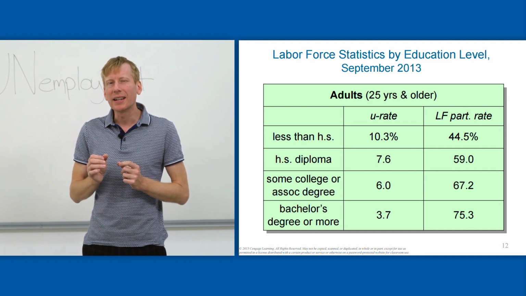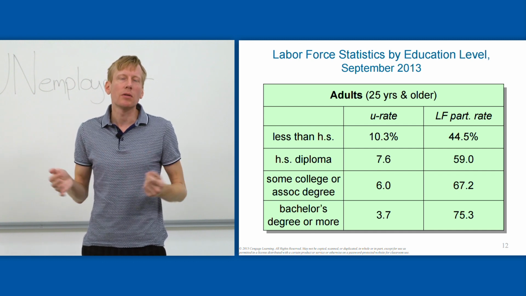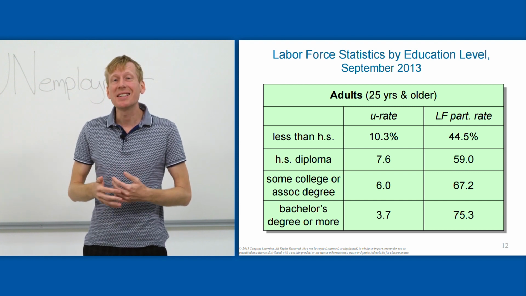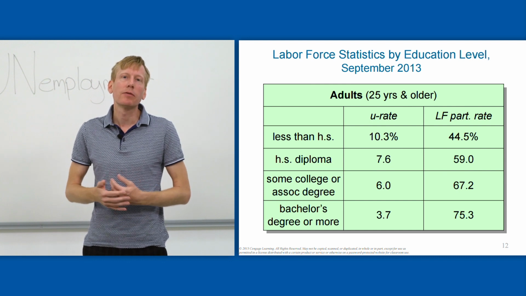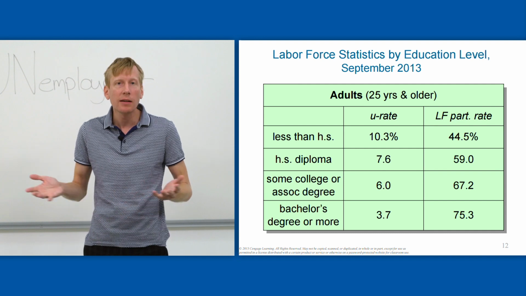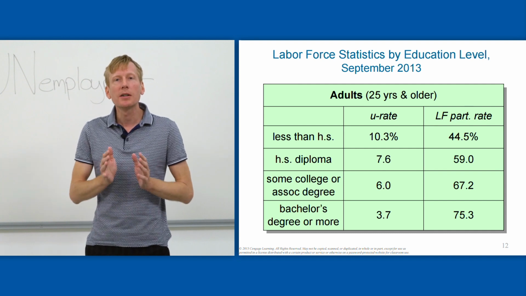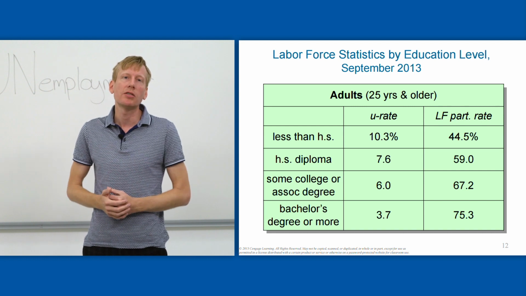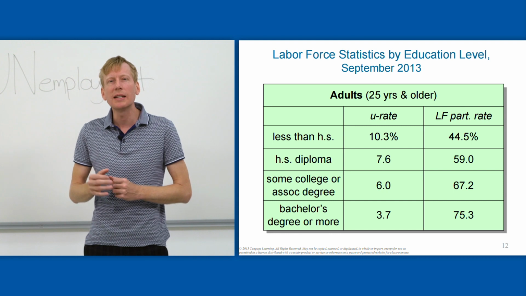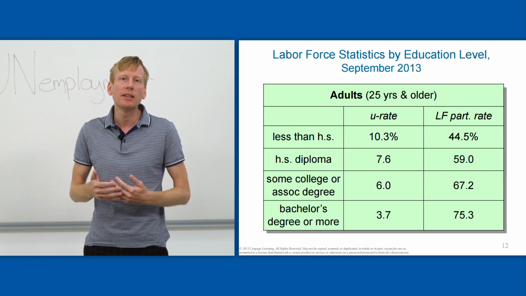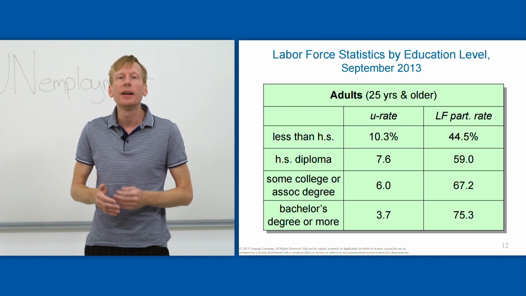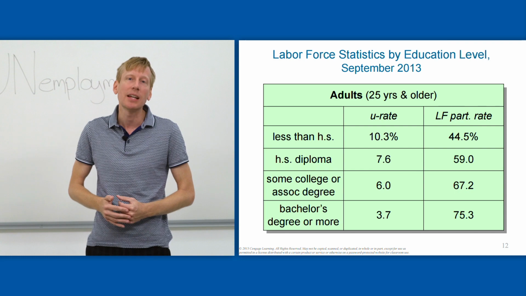Well, for one thing, those Americans and individuals all around the world who are older, in their 60s, 70s, 80s, they tend to have lower levels of educational attainment than younger people do in the United States and in Turkey and elsewhere in the world, because over time, average rates of educational attainment have risen. So those without high school degrees are disproportionately likely to be old, therefore disproportionately likely to be retired, and therefore not participating in the labor market.